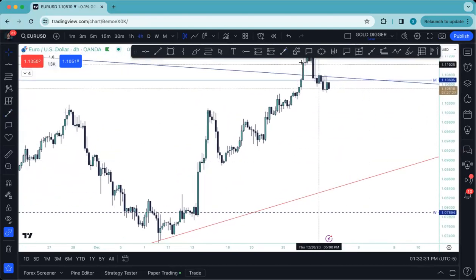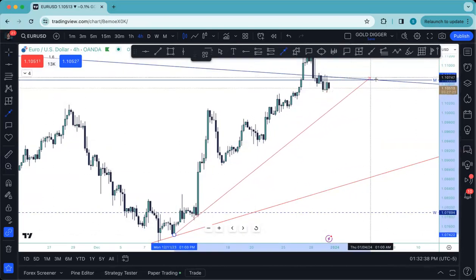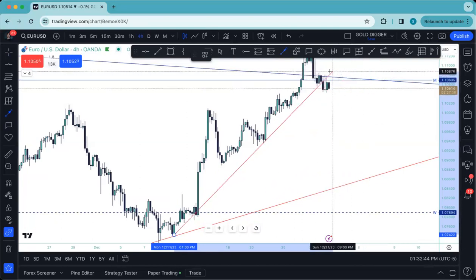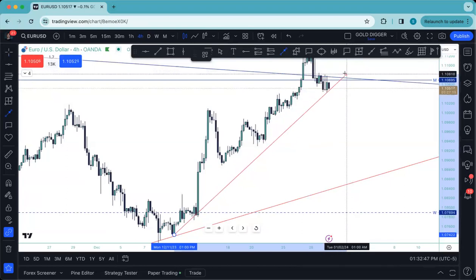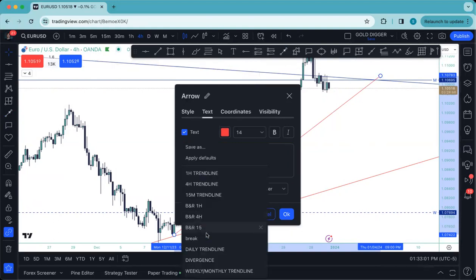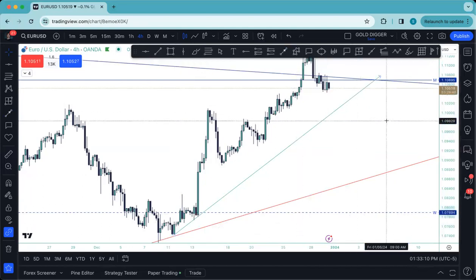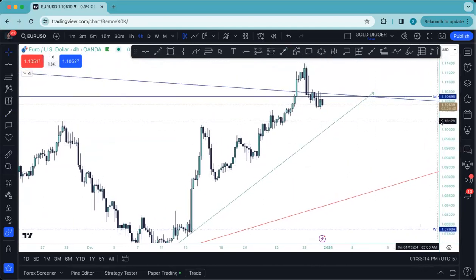Let's identify the 4-hour trend line. What we did was one, two touch, drew it into the future, remember? So that is our 4-hour trend line.